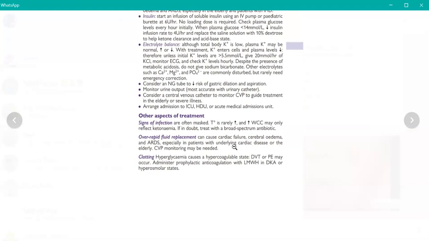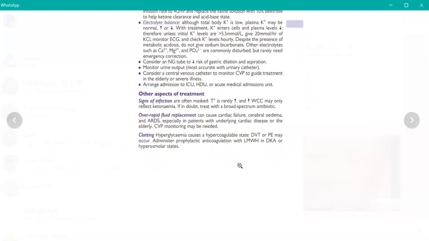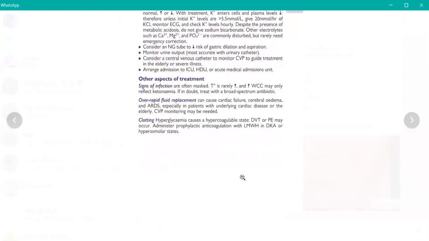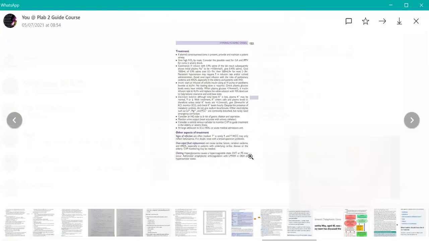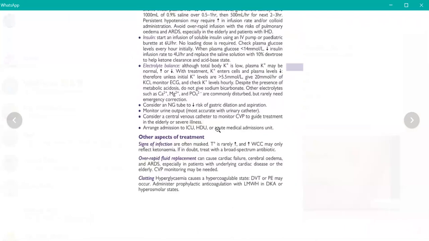It's not necessarily our job, it's the senior's and ICU's. Hopefully the patient will not get to this point. And if there is infection, of course, we're going to give antibiotics, and also we can give prophylactic low molecular weight heparin, anticoagulation.